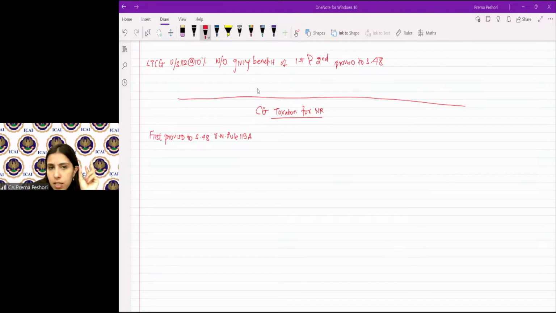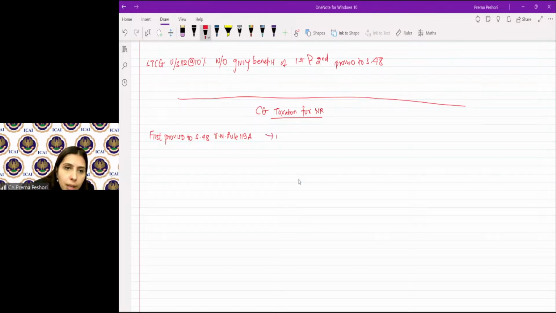Number one is the first proviso to section 48. The first proviso to section 48 says that in case a non-resident purchases the capital asset using foreign exchange, then the exchange rate fluctuation benefit will be allowed while computing the capital gains on the transfer of those shares.